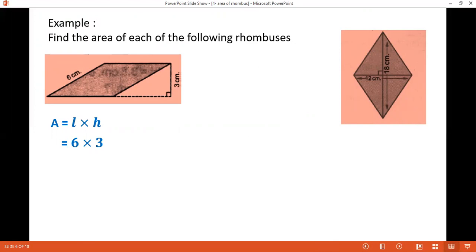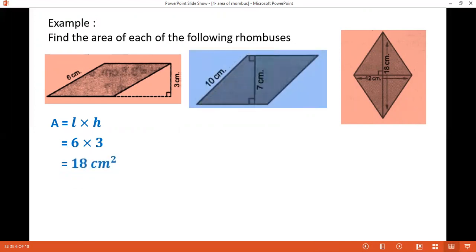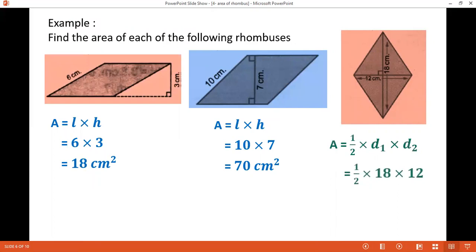So area equals length by height, 6 by 3, 18 square centimeters. And this one I have also side length and height. So length by height, 10 by 7. The answer will be 70 square centimeters. And here I have the two diagonals, half by 18 by 12, 108.